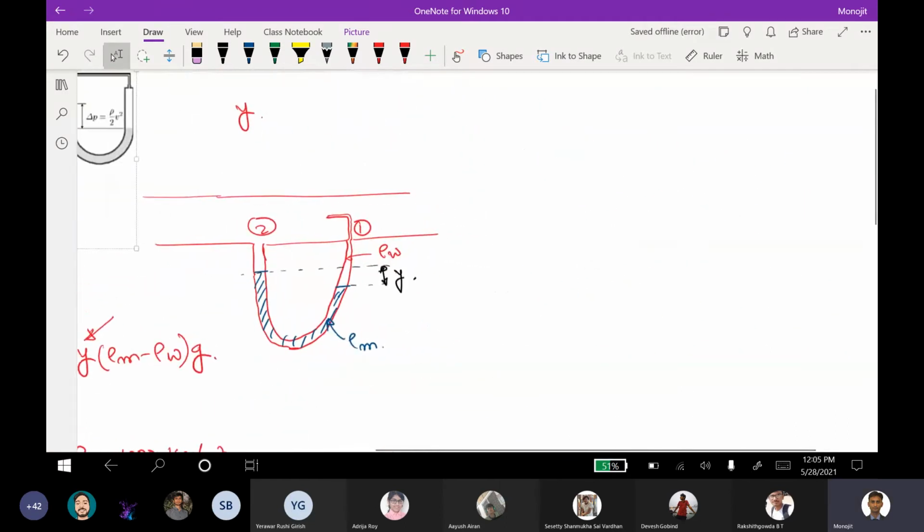Now, with your intuition, if I place the pitot tube here in one experiment, and here in another experiment, these two are different experiments. This is experiment 1 and this is experiment 2. In which case do you expect the y to be more, because y is what we are measuring?